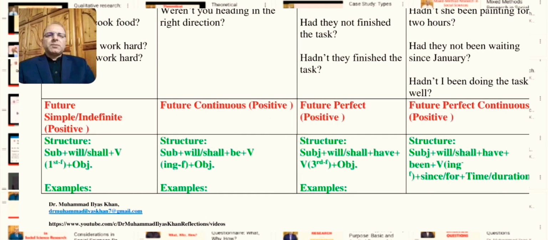The future simple: subject plus will, shall plus verb first form plus object, with examples. Then the future continuous: subject plus will, shall plus be plus verb ing form plus object. Similarly, look at the structure of the future perfect and the future perfect continuous in its positive form.